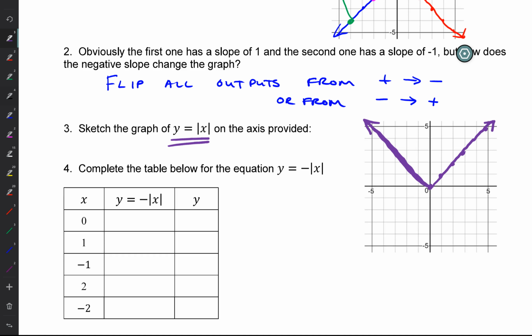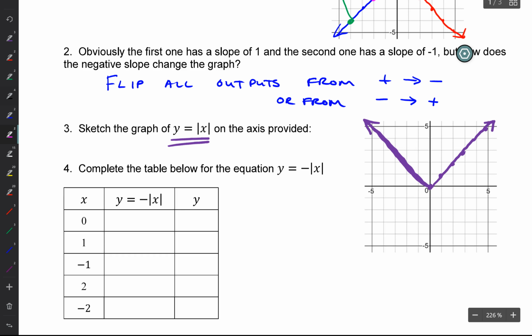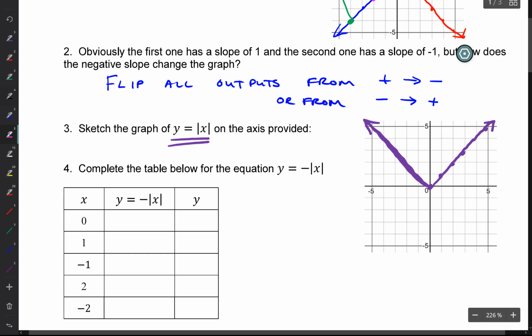Now, we're going to compare this to the equation of the negative, the opposite absolute value of x. So we have the opposite of the absolute value of 0, which is 0. We have the opposite of the absolute value of 1, which is negative 1. So 1, negative 1. Opposite absolute value of negative 1, which is the opposite of 1, which is negative 1 again.